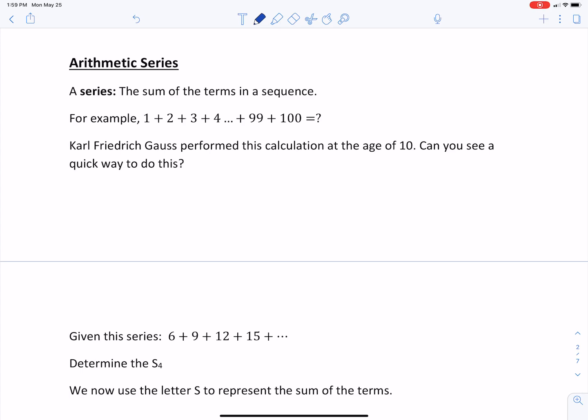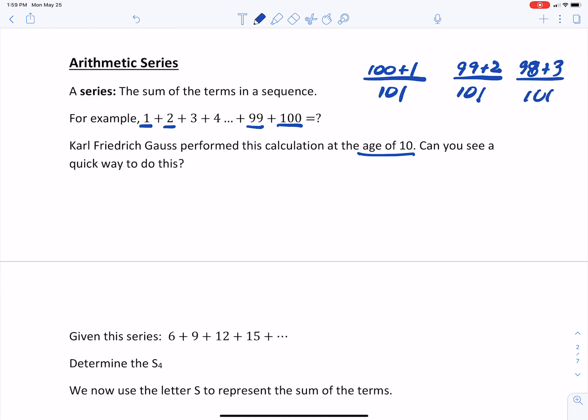What Gauss saw at the age of 10, which is pretty impressive, is that if I pick the last term and the first term and add those up, I get 101. Then if I move inwards, 99 plus 2 is also 101, and so is 98 plus 3.